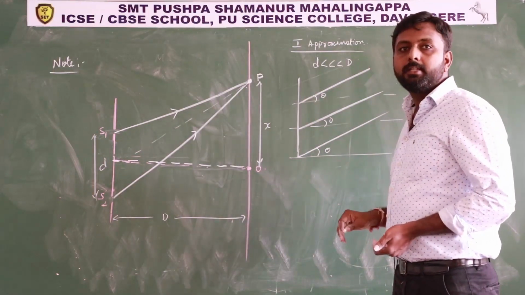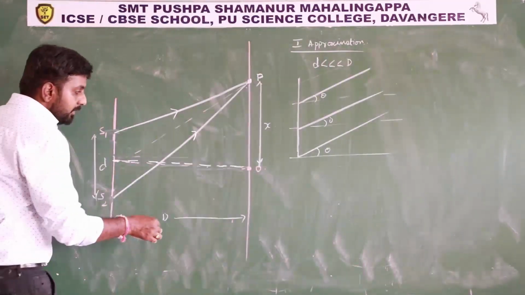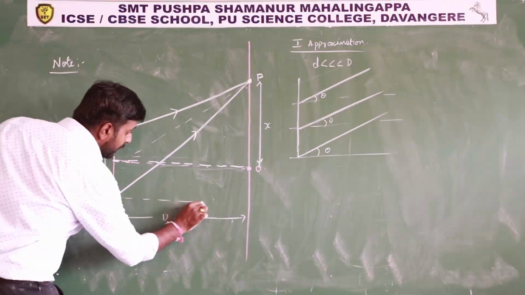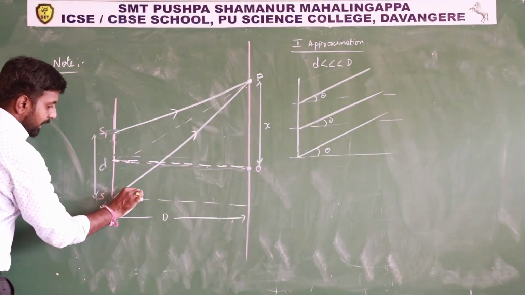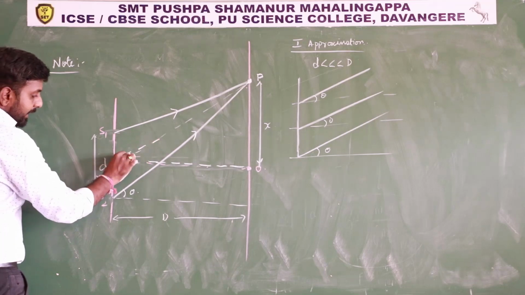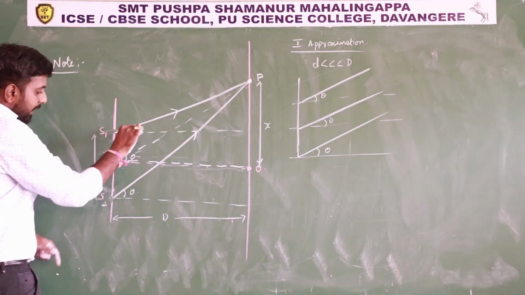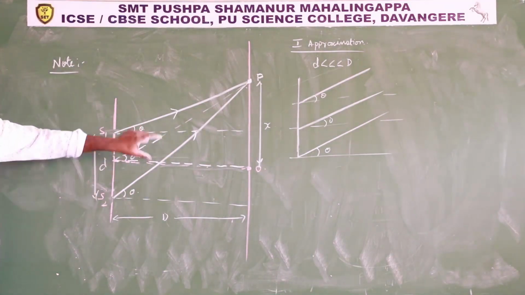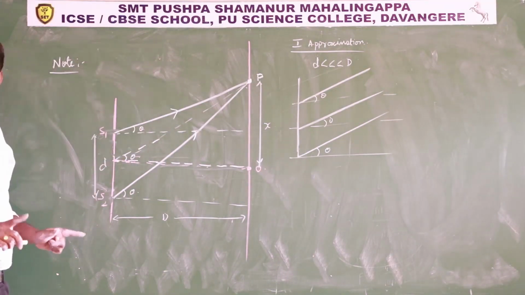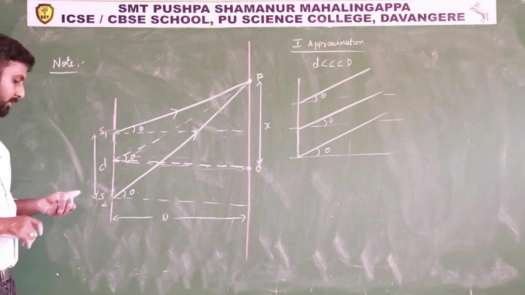All angles we can consider as theta. So in this diagram you observe, if you consider this angle theta, then every angle I can consider as theta, by considering small d is very much lesser than capital D. That is the first approximation.